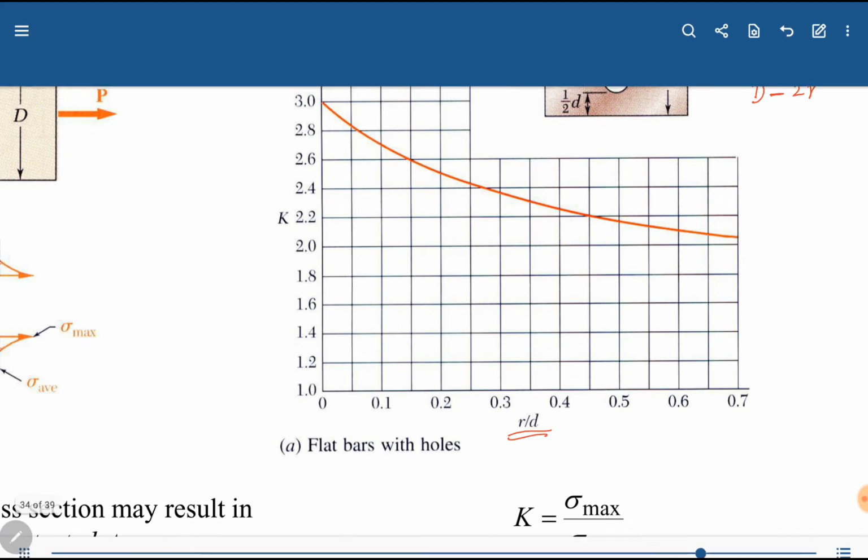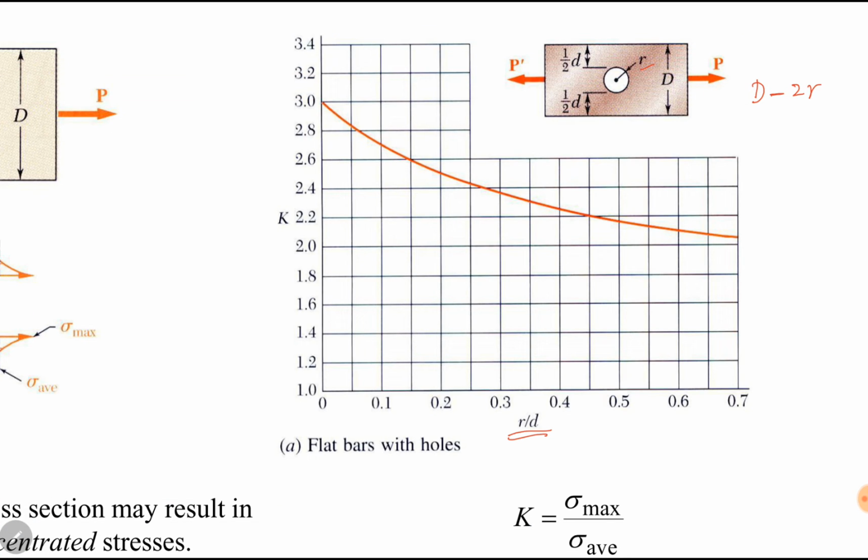So we will go to the curve at r by d equal to 0.45. Here is 0.45. We have to find the value of K. So at 0.45, this is K. Here, K is almost equal to 2.2.